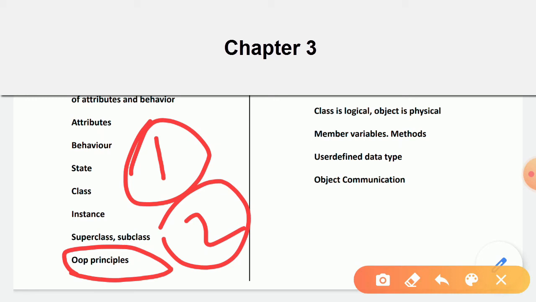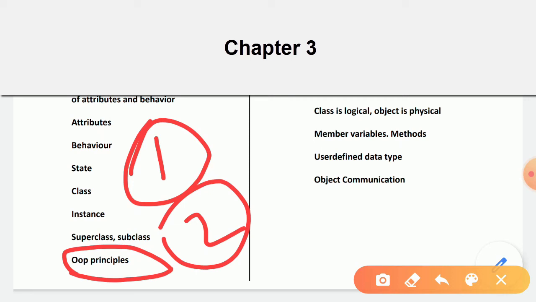So in other words, I can say data and the code which will modify the data is encapsulated within a class. Data is represented through variables, and the code which will modify those variables are functions. So data and code is combined within a class, and this is encapsulation.